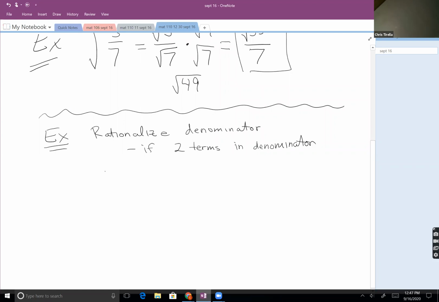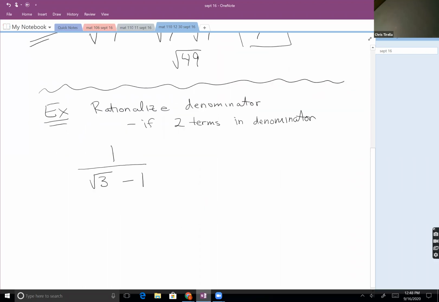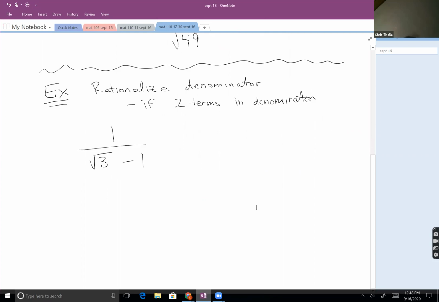So my example, what if I have 1 over the square root of 3 minus 1? There's something extra down there, isn't there? There's two terms in that denominator. We've got a radical in the denominator, so we cannot leave it like that. We have to get that radical out of the denominator. Any ideas? Does anybody have any thoughts as to what we might be able to do to rationalize that?